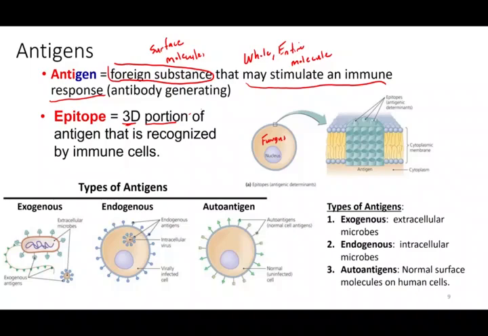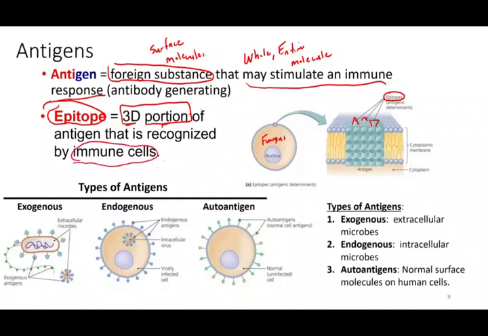But what actually sticks out are different parts of this antigen that have unique shapes. We can call each of those little spikes or balls, kind of trapezoid or whatever it is, those would be these unique three-dimensional regions of that antigen that we call epitopes. Okay, so an epitope is a portion of an antigen, and it's going to have a unique three-dimensional shape to it. And this is what our immune cells are actually cueing in on.